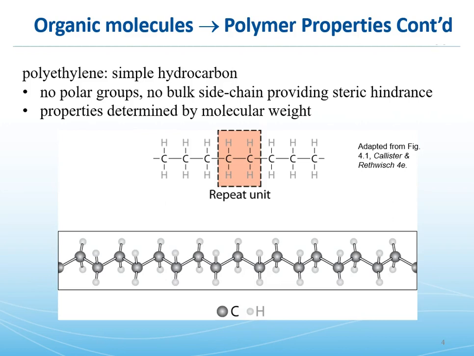So bulky side groups will prevent polymer chains from associating side by side, either with polar bonds, the way we saw with the nylon 6,6 in the secondary bond section back in chapter 2, or to make a full polymer crystal. So if you don't have polar groups, and you don't have any kind of steric hindrance considerations, for a given repeat unit chemistry, all your properties are going to basically flow from molecular weight.